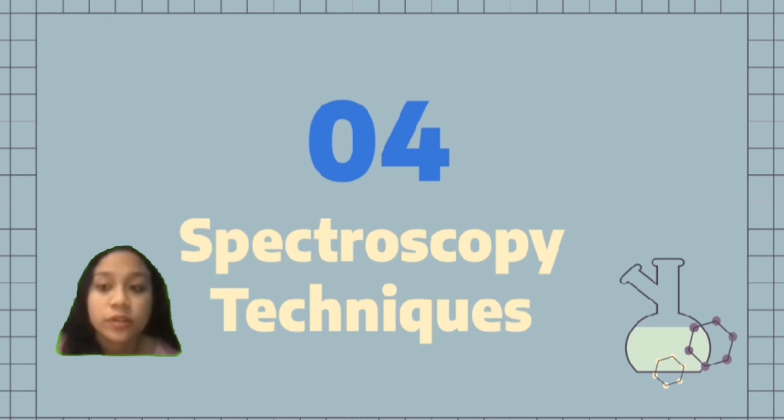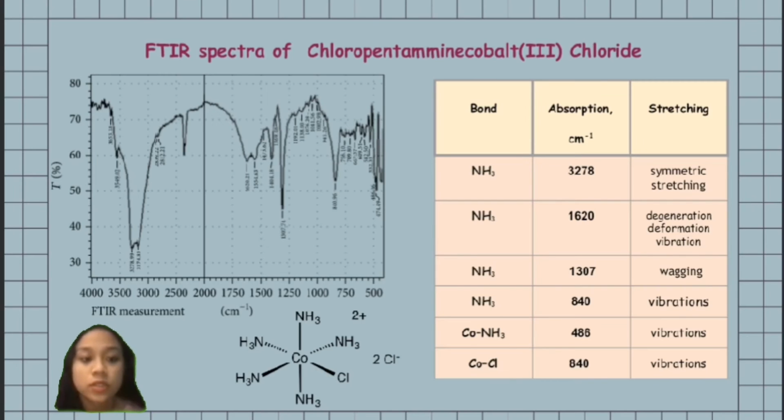All right, so now we are going to discuss the spectroscopy technique used in determining chloropentamine cobalt 3 chloride. The technique used is FTIR spectroscopy, which is infrared spectroscopy.